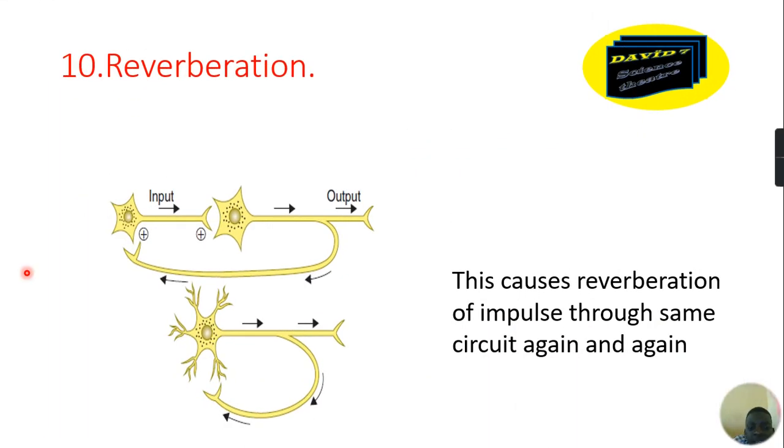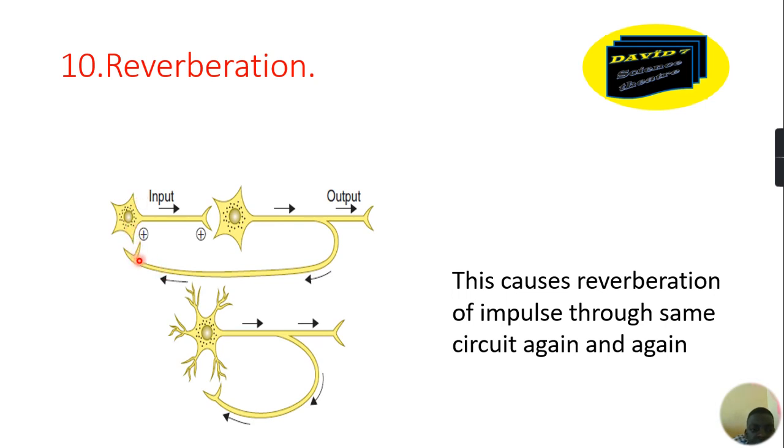Reverberation is the 10th point. Reverberation is a property of synapses in which the impulse reverberates through the same circuit again and again. Okay, you can see this. If I have an input here, in the output of a synaptic neuron there is a collateral which is sent back to the presynaptic neuron.